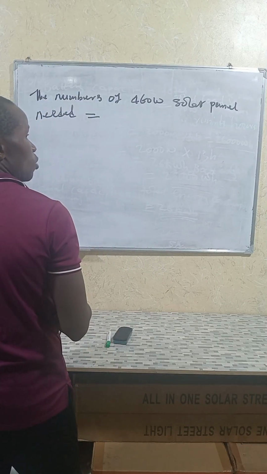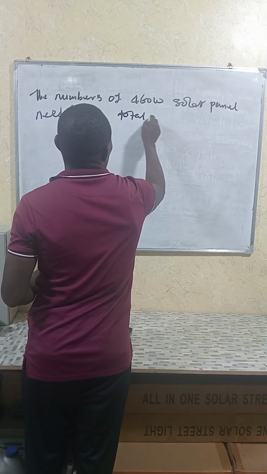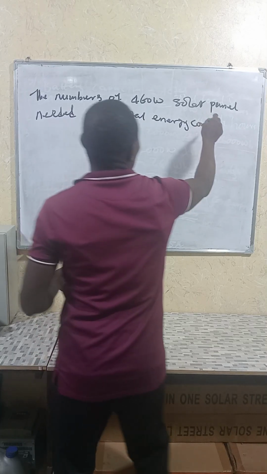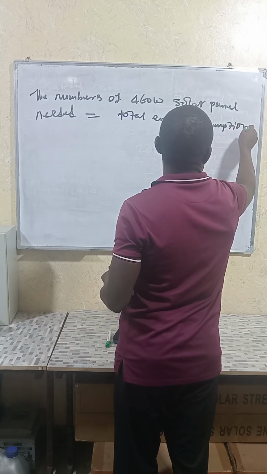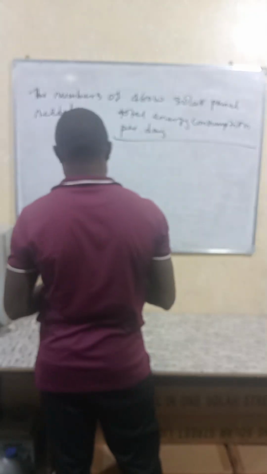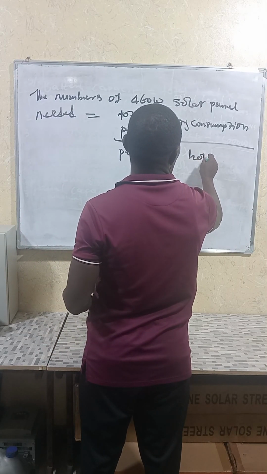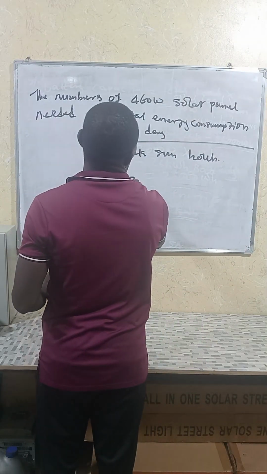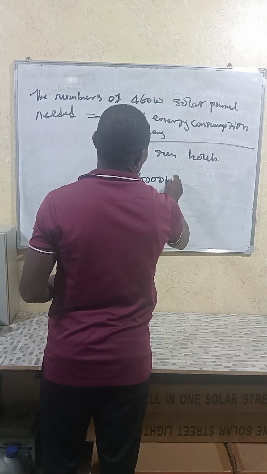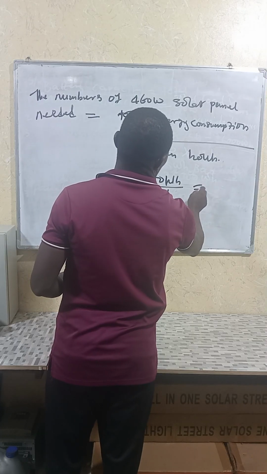the total energy consumption per day over the peak sun hours, which is equal to 26,000 watt hours over 5.5 hours, because hour cancels hour.